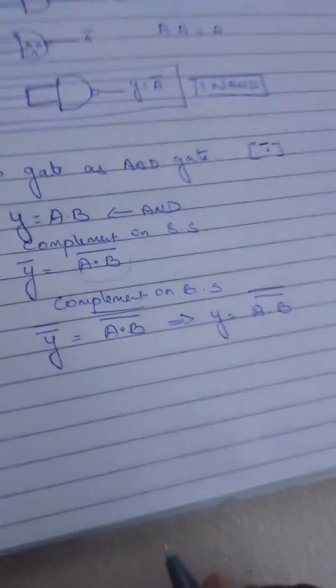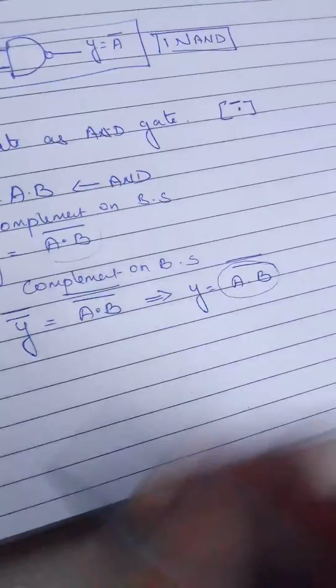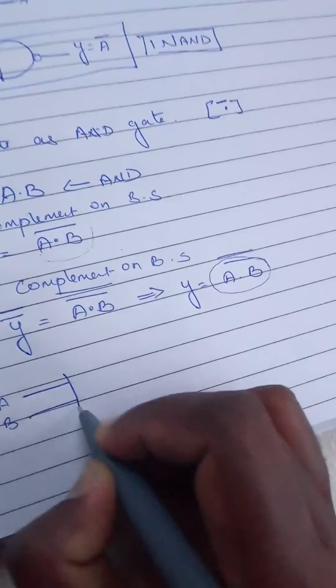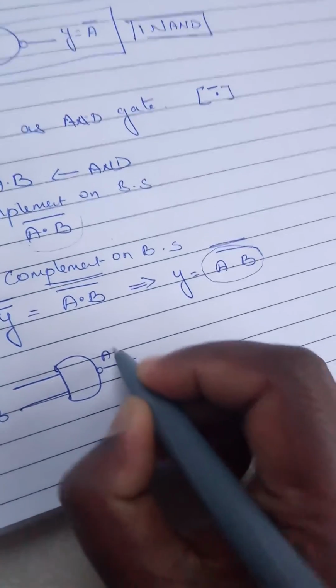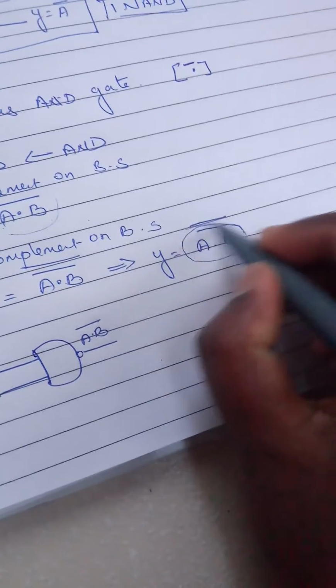Now I'll go for implementing it. Firstly, I'll implement this part of it, which is A and B given to a NAND gate gives me (A dot B) complement. Then I have another complement.